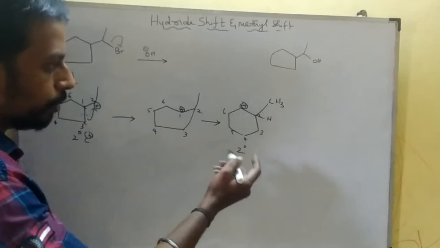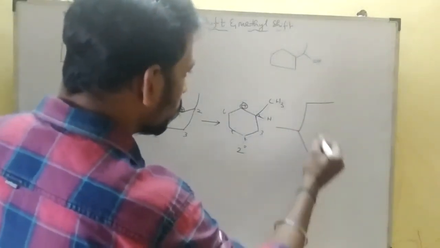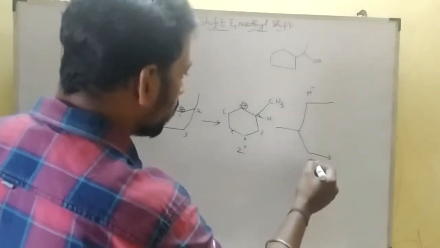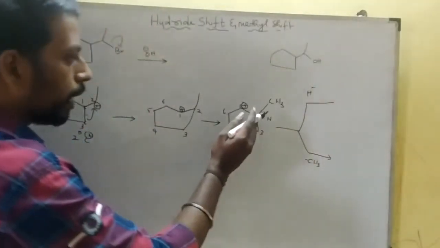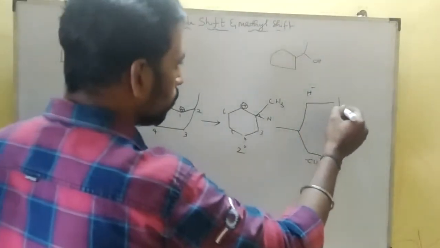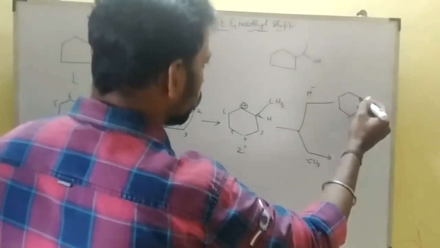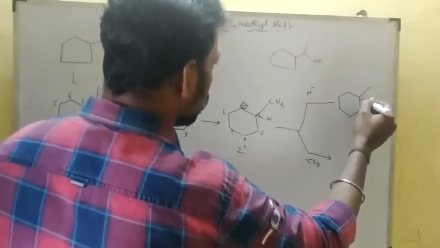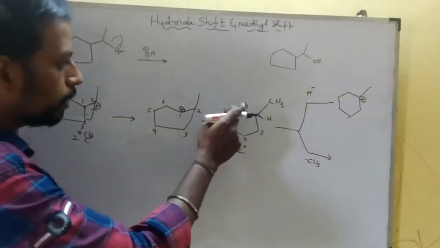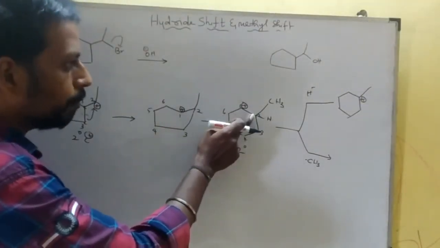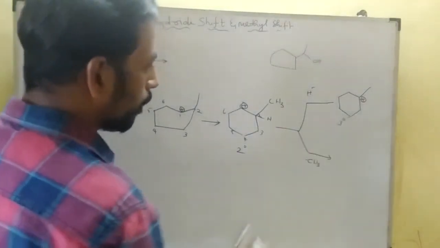Now which shift is preferred? Hydride shift or methyl shift. Upon hydride shift, this kind of thing happens. This hydrogen shifted here, this carbon gets neutralized, and this carbon becomes the positively charged carbocation. And this is your tertiary carbocation.